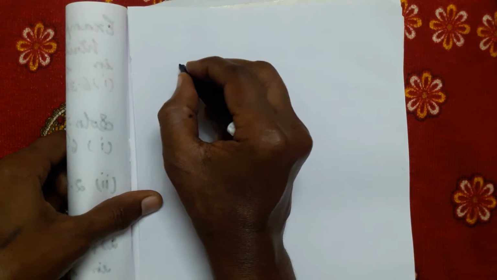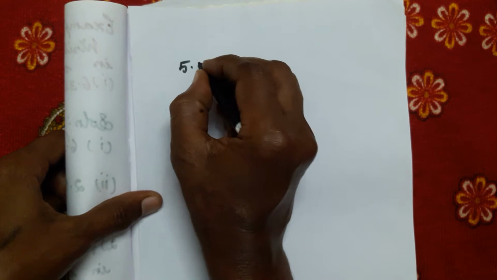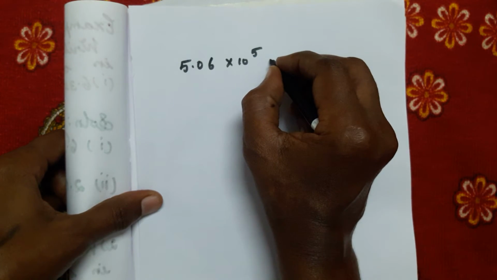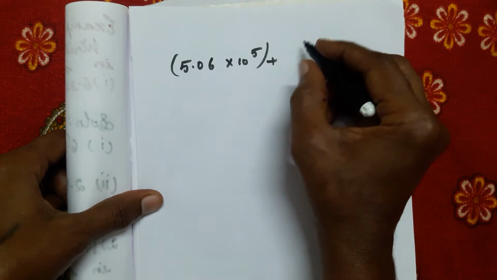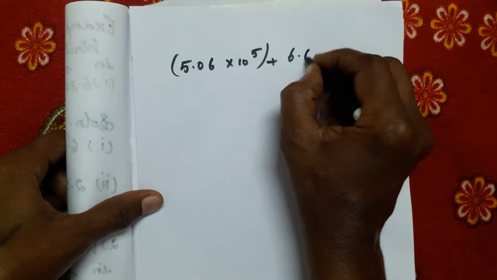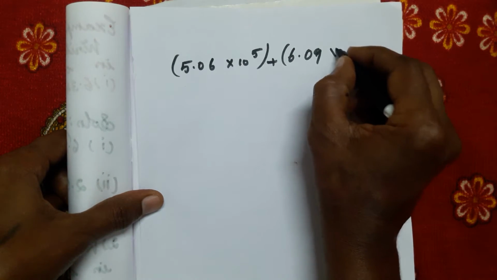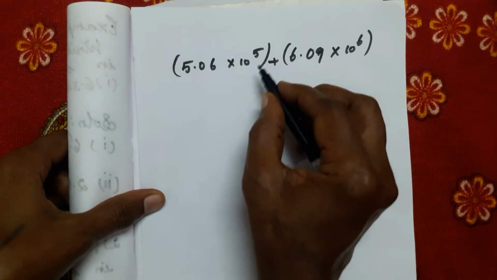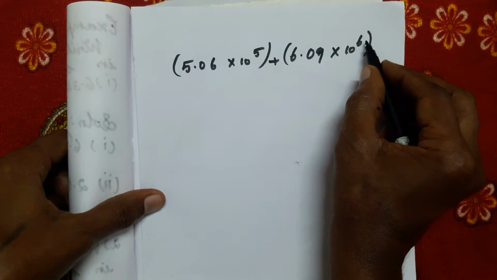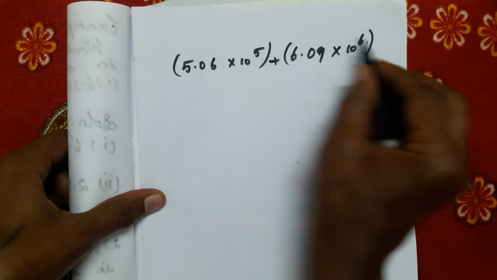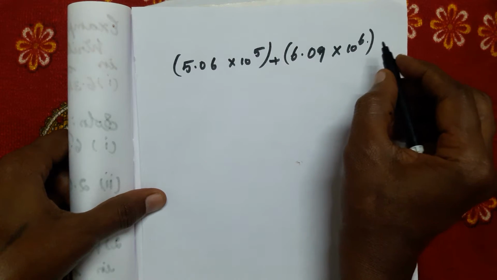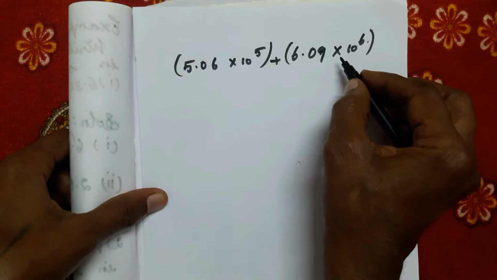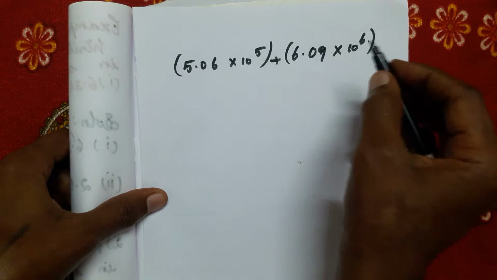Listen. 5.06 into 10 power 5 plus 6.09 into 10 power 6. How can we add? Here you see that the power is not the same, is it? We cannot add easily. First we want to convert into the same power.